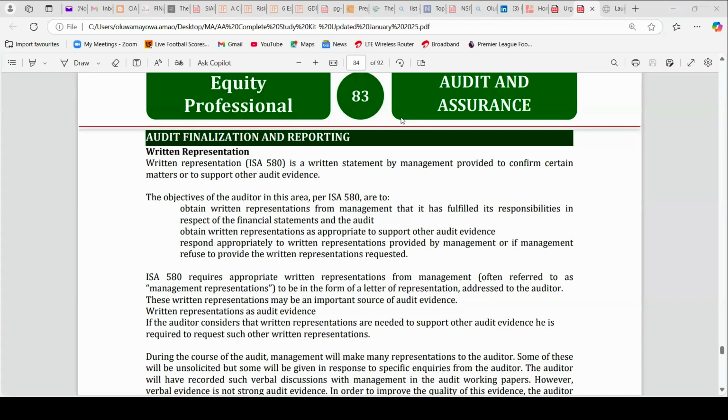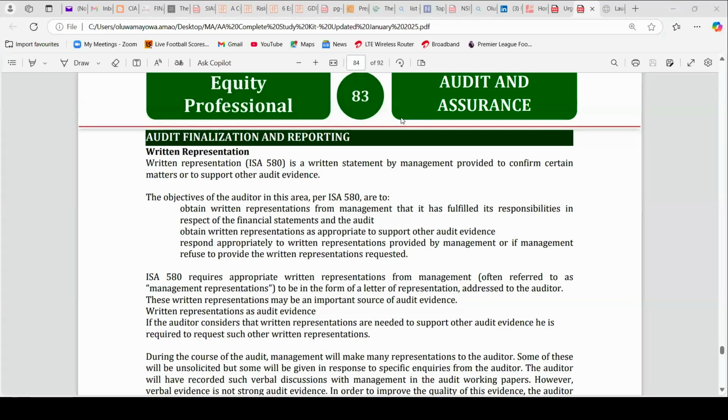Then the second one is that there are some audit evidence that require a written statement from management. Then the third one is that where appropriate, the auditor needs to respond to the written representation. So written representation is not just for you to take it and put it in the audit file. Some might necessitate a response from the auditor.